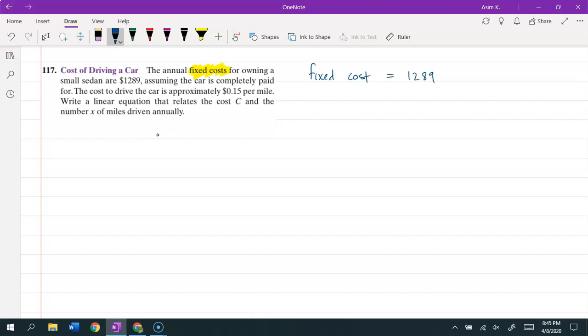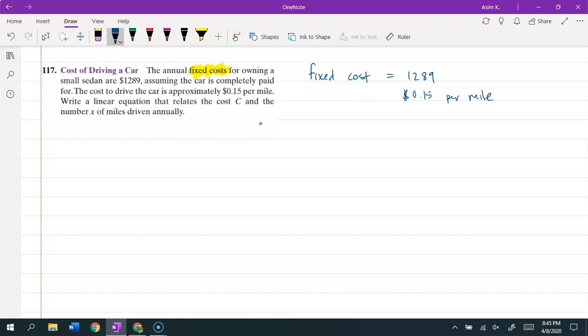Now, assuming the car is completely paid for, the cost to drive the car is approximately $0.15 per mile, okay? So the cost to drive the car is approximately $0.15 per mile, all right?